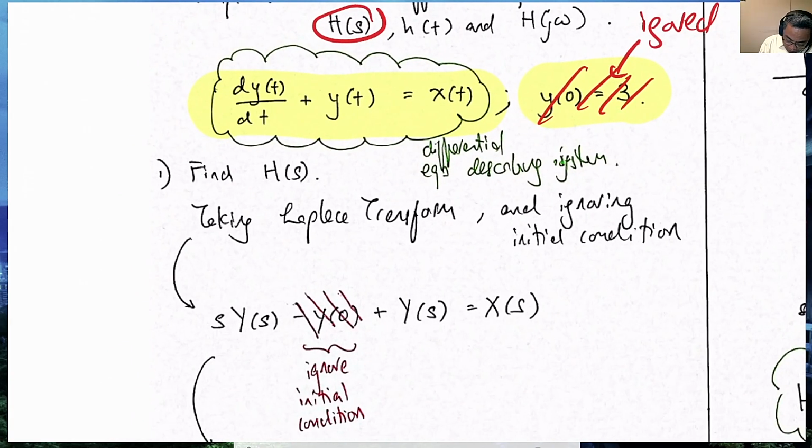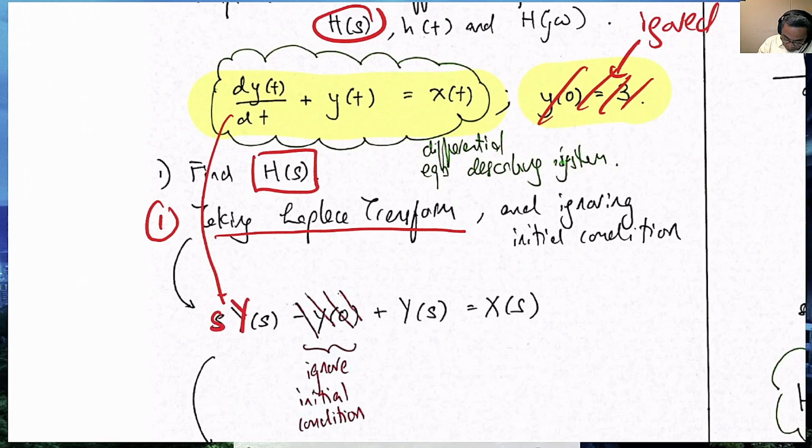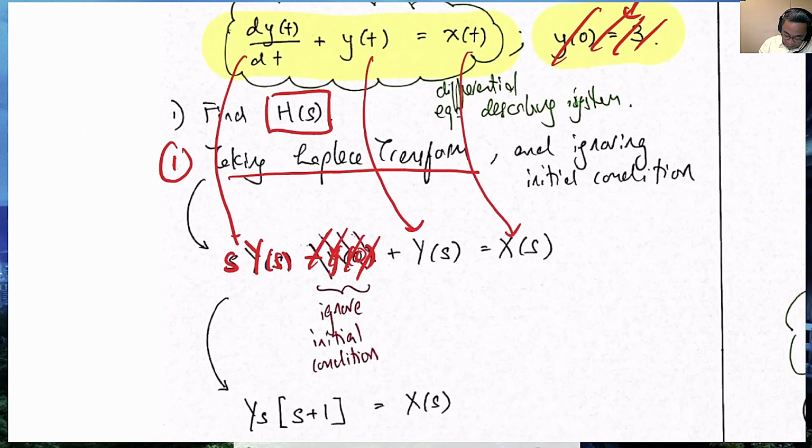So how to find H(s)? Remember, the first step is to take the Laplace transform and use the differentiation property. So dy/dt becomes sY(s). Actually it's minus y naught, but we ignore it. y(t) becomes Y(s), x(t) becomes X(s). So we are left with this equation.